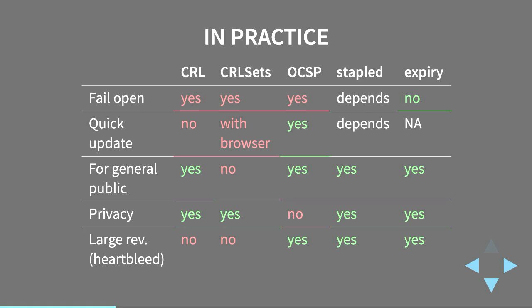OCSP, of course, real time, everyone's included, yes. Stapled, yes. Expiry, passive. So what's the problem with OCSP then? So far, it's been great, real-time access. Everyone can do it. Well, every time you send a request, you announce to someone else, hey, I'm connected to this website. Probably not what you want to do.